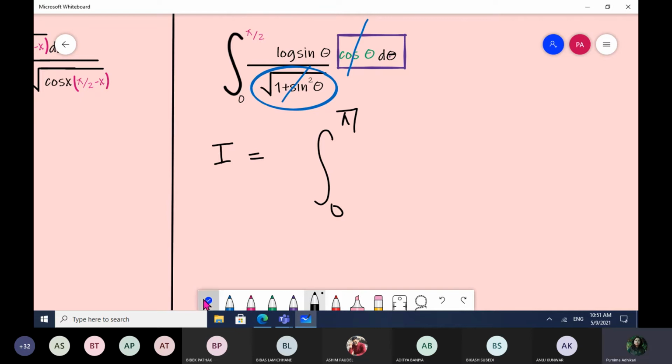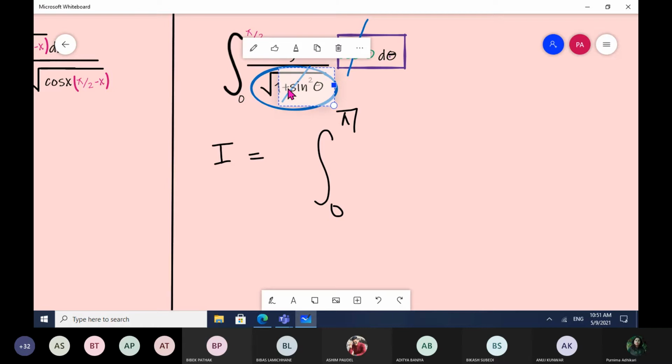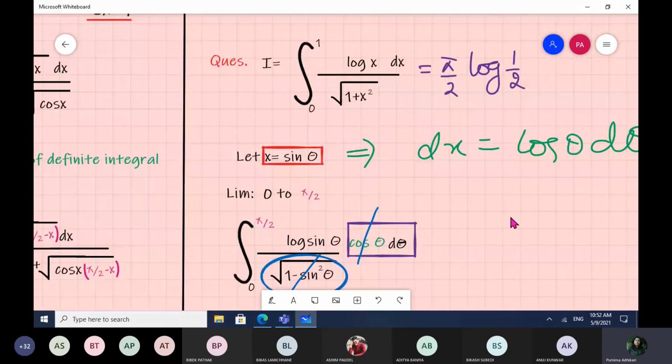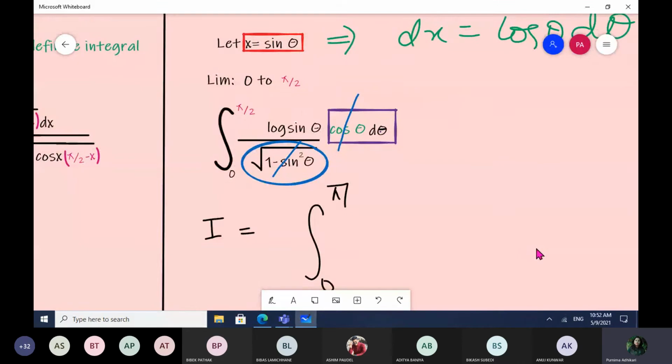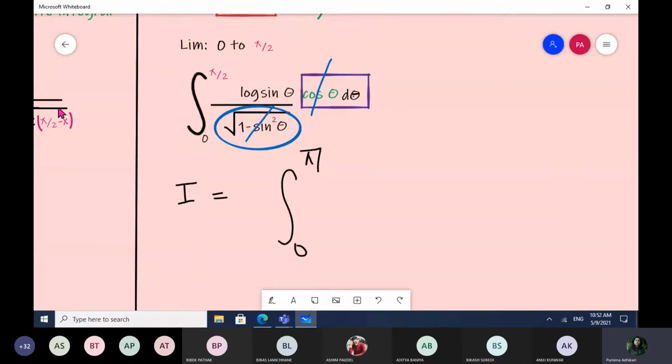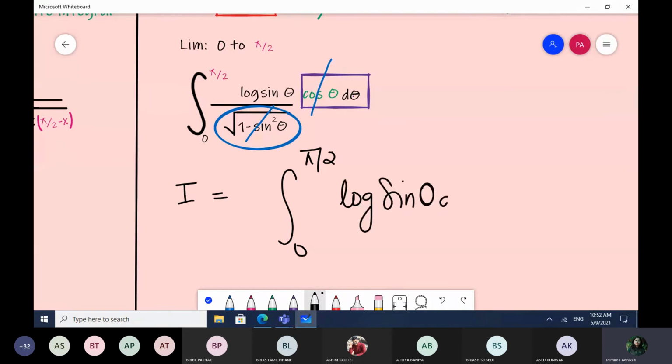It's minus. Okay, corrected. Now you are only left with log sin theta d theta.